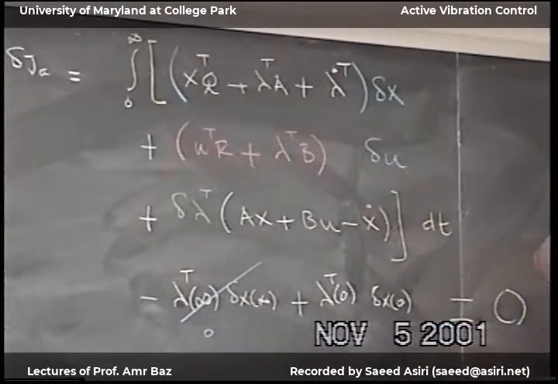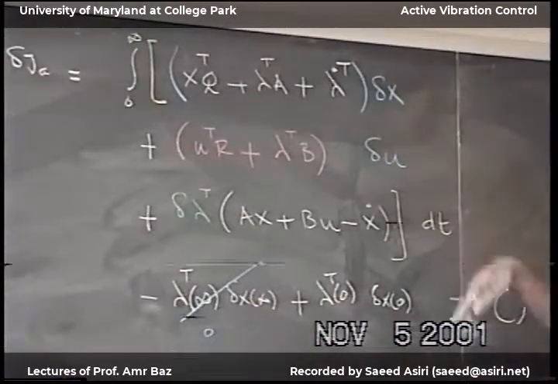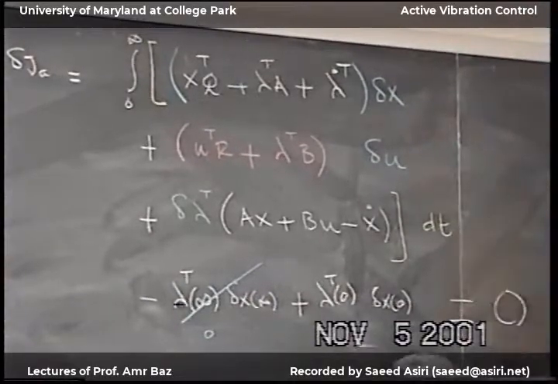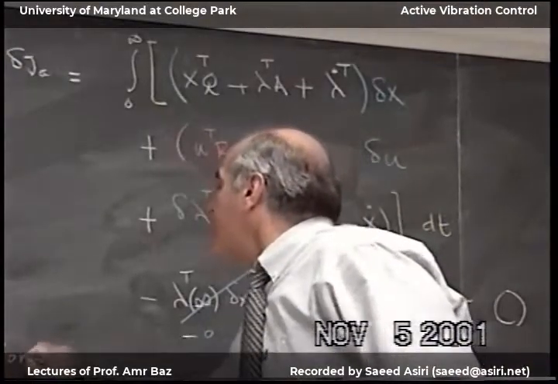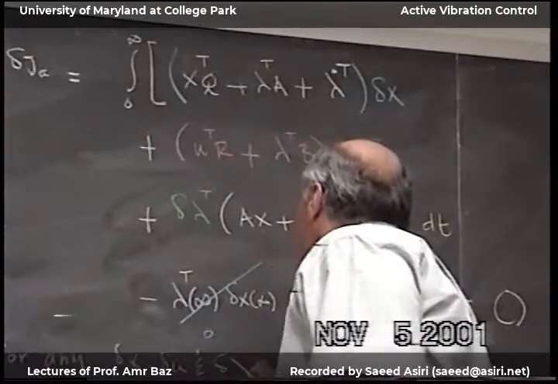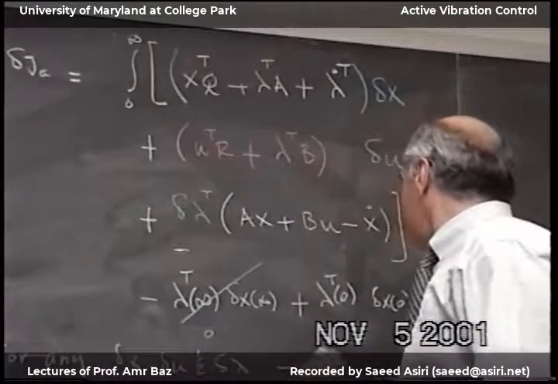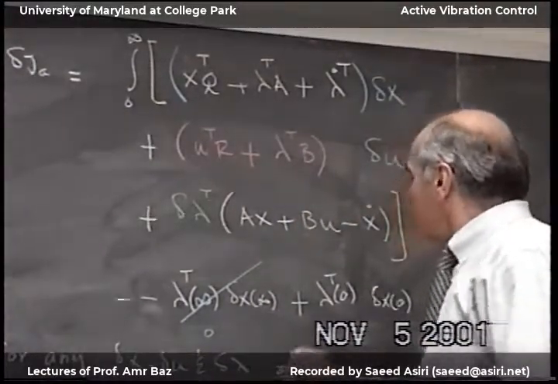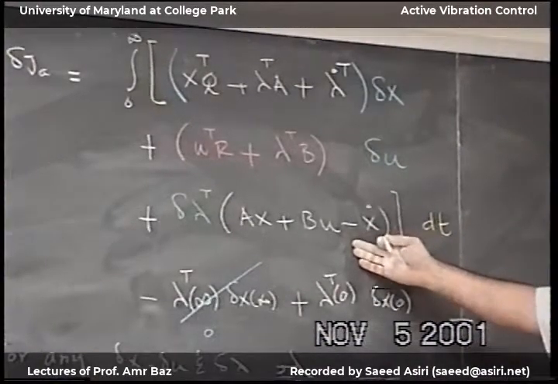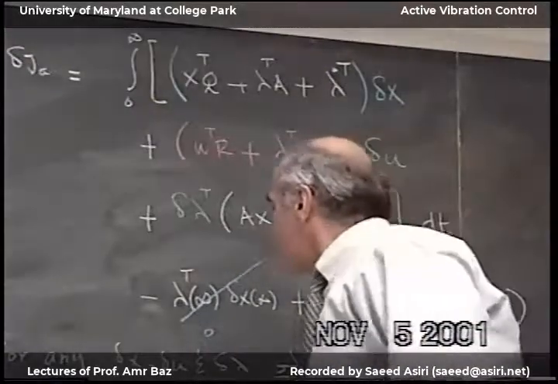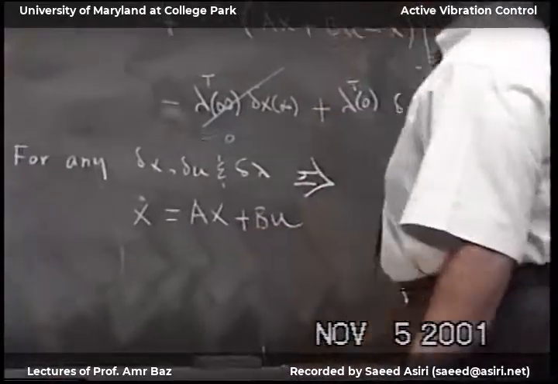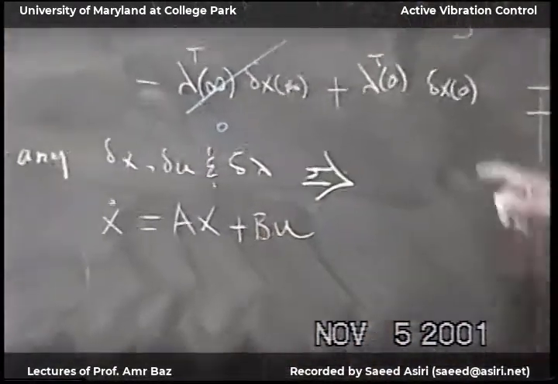Okay? Now we'll set the variations, because these are general, for del x, del u, and del lambda. Then we have three equations. One of them is very obvious. This one. The equation of motion has to be satisfied. Okay. The second one, this one.